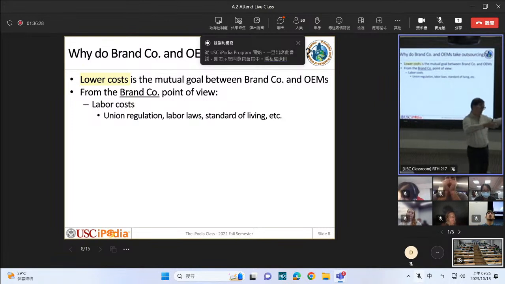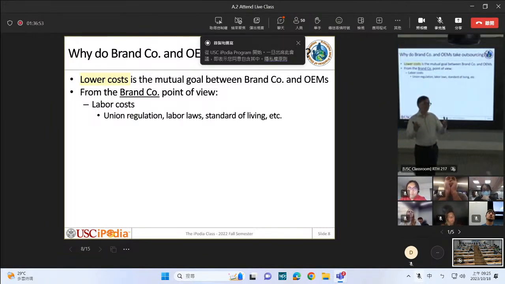For example, you have outsourcing from North America to Asia. Then you have Asia move to South Asia, and eventually to Africa. So this whole thing becomes a whole supply chain, okay? So labor cost is one thing. Now, one thing that is very interesting is once you move the factory to a low-cost area, sooner or later, the living standard of the low-cost area will improve, right?